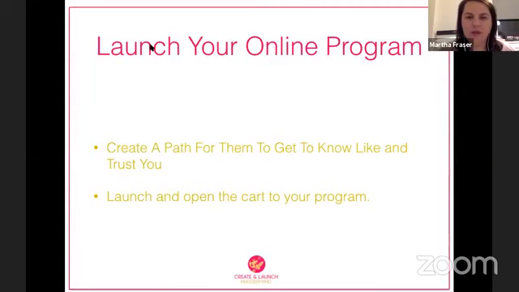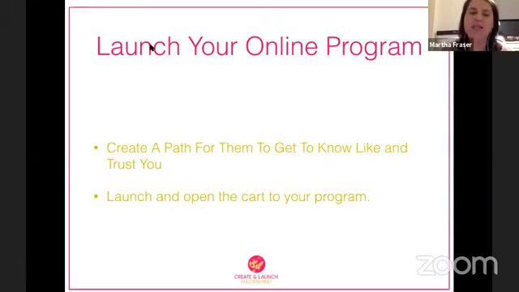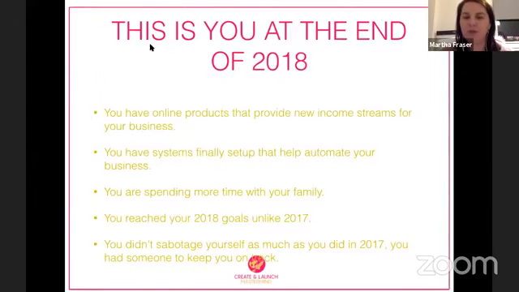So, is this what you want for the end of 2018? You have online products, you have new income streams, you've finally set up and automated your business, and you're spending more time with your family, and you are beginning to reach your goals for 2018, perhaps unlike 2017. And you sabotage yourself less and you get more stuff done.